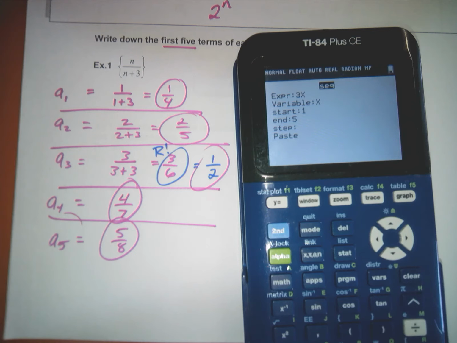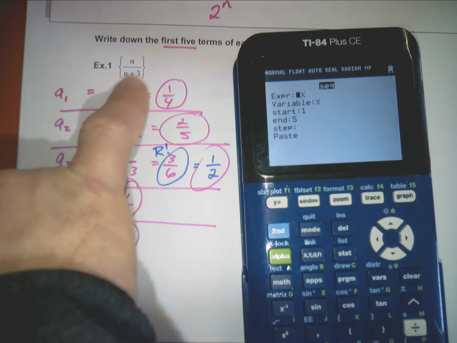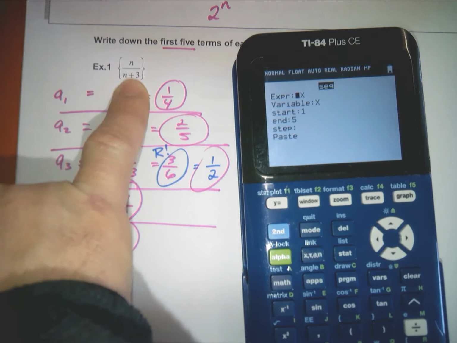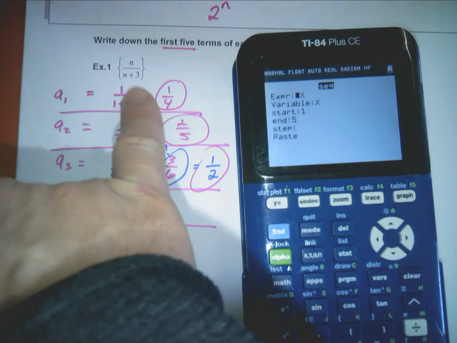Now for me, I have a TI-84 and I get my sequence screen up. If you have a TI-83, you just go right to your home screen and it says sequence, and I'll tell you what to type in there.